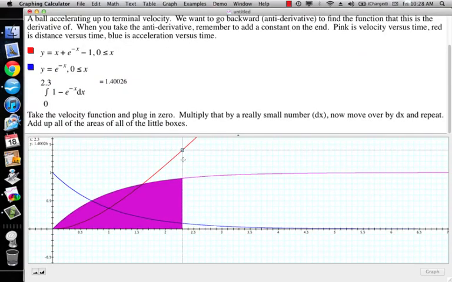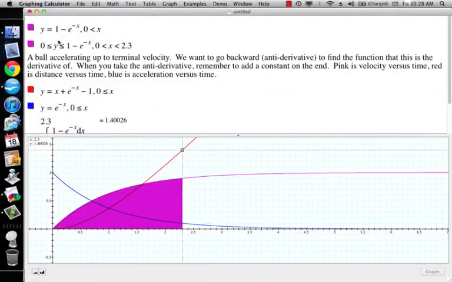Now if I go on the red function and I go right there, again the font is too small for you to see, but at 2.3 it says 1.40026. So the red function is the antiderivative of the purple function, or the pink function if you want to call it that.